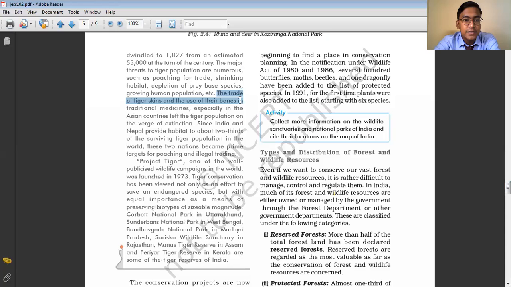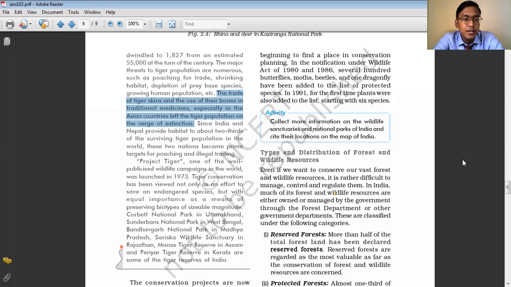The trade of tiger skin and the use of their bones in traditional medicine, especially in Asian countries, left the tiger population on the verge of extinction. The skin and bones of tigers were used for making various kinds of traditional medicines.